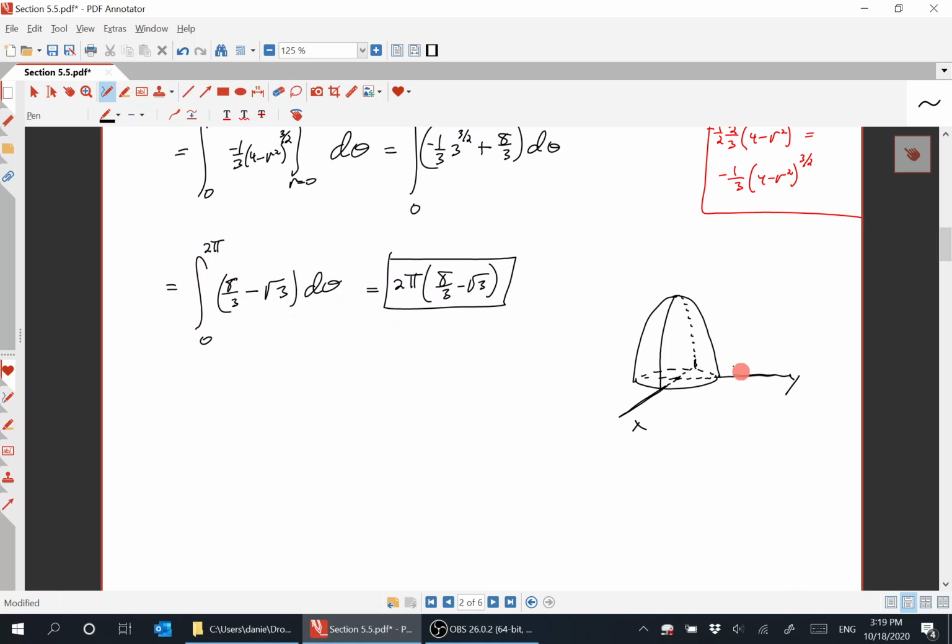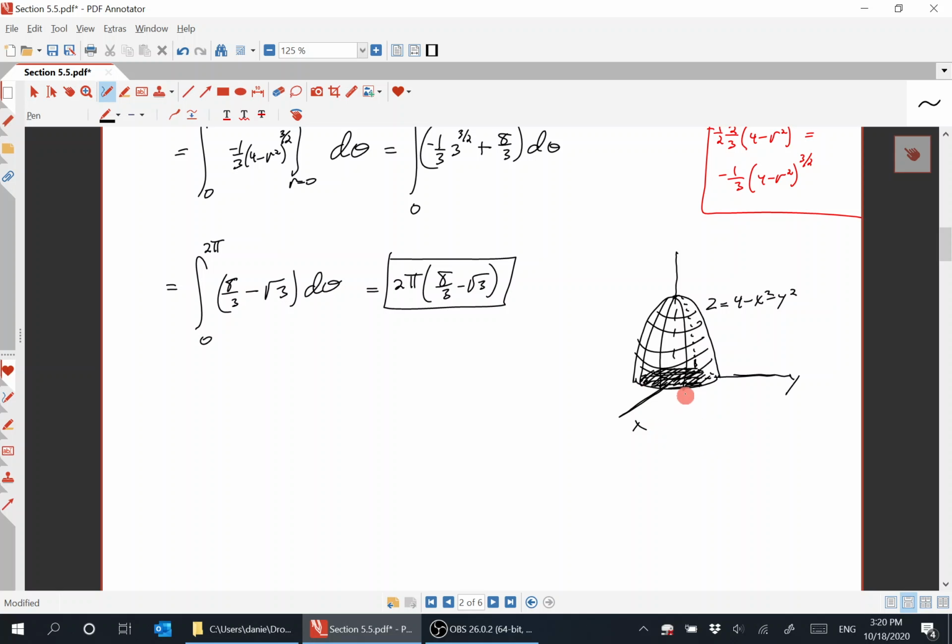So it's x-axis, y-axis, z-axis was here, and this was z equal to 4 minus x squared minus y squared. So the base of that region, if you squashed it down into the xy plane, you get this disk right here.